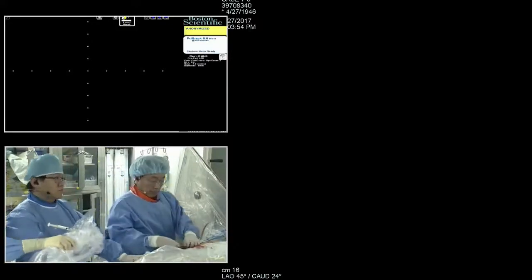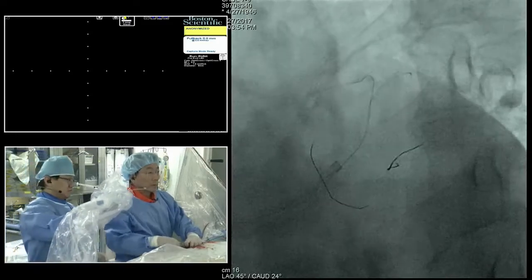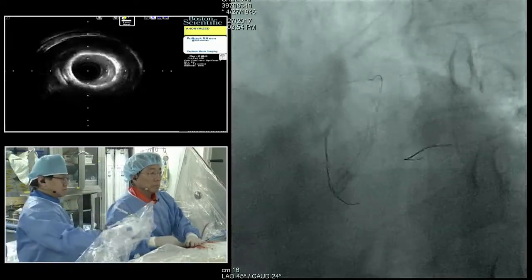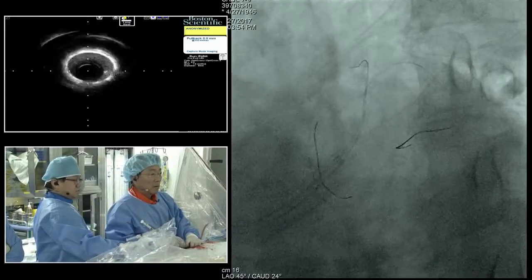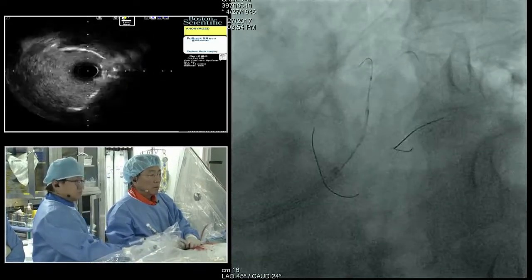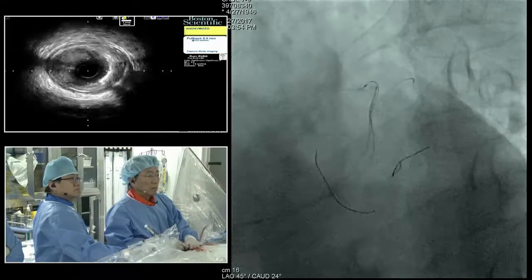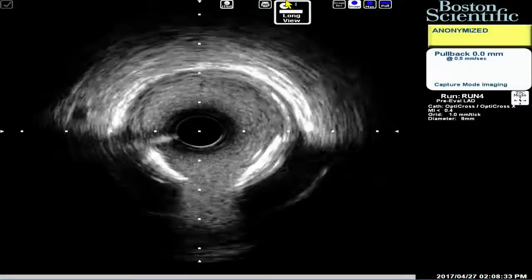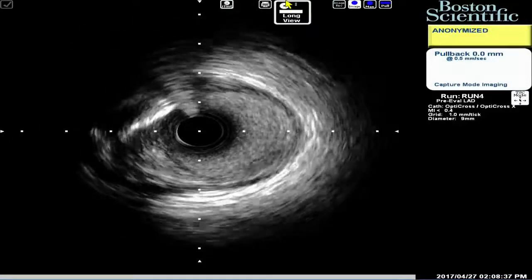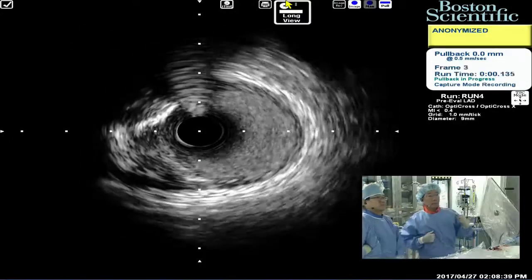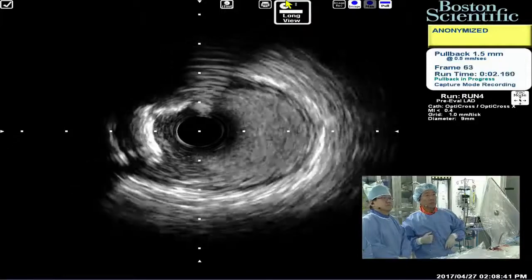Ready? Okay. Stent distal, region distal, minimal plaque, media to media is almost 3.54.